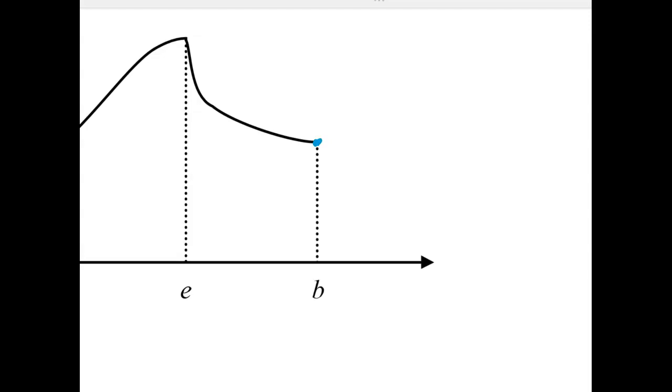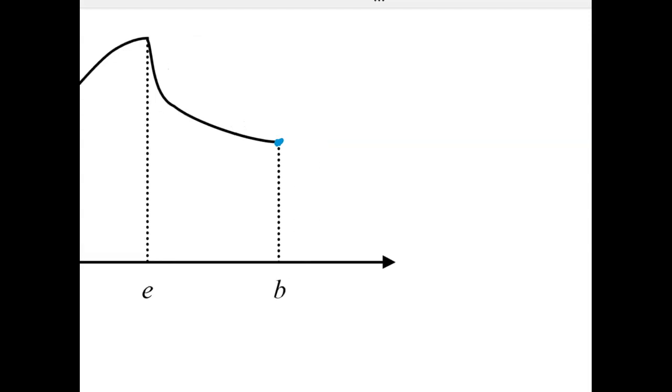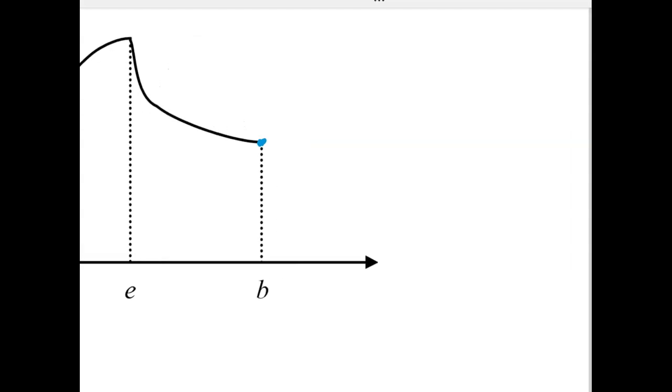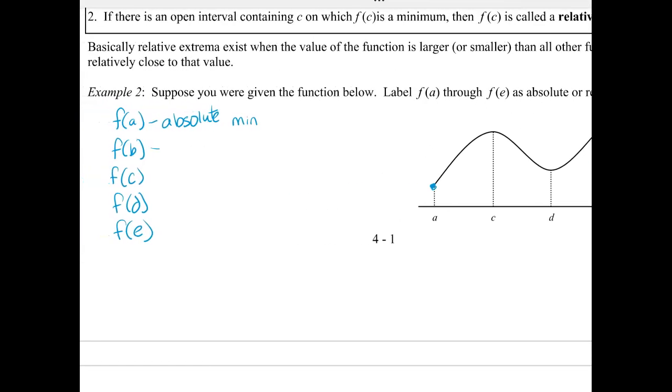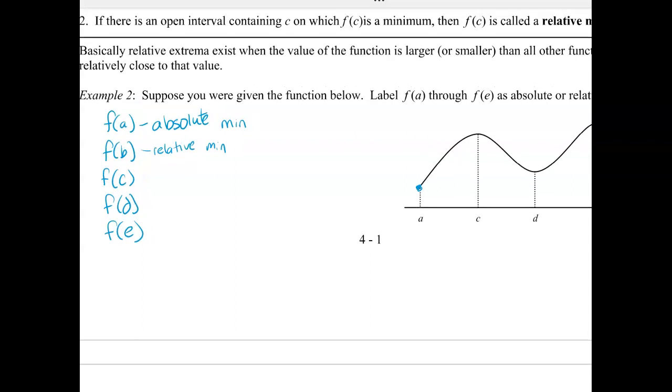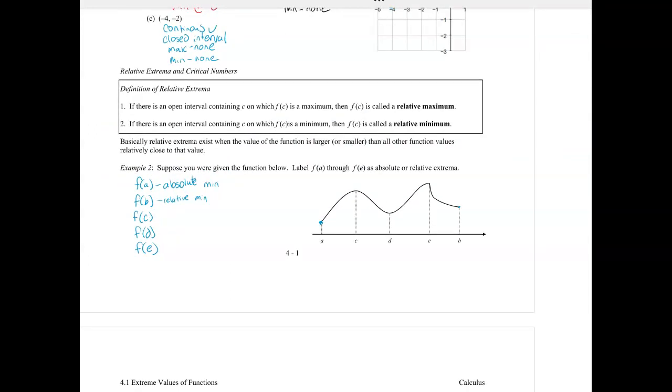I've only got y values to the left, and comparatively to what's on the left of that, it is one of my lower points, so that is a relative minimum. Scrolling out, I see that b is not my lowest point, so this does not change to an absolute minimum. We've already got one absolute minimum.